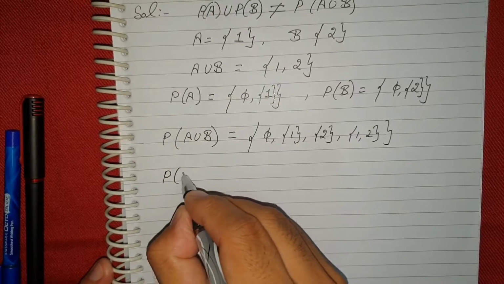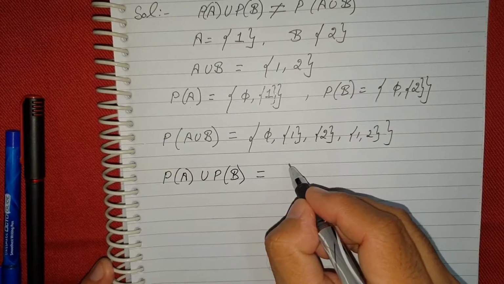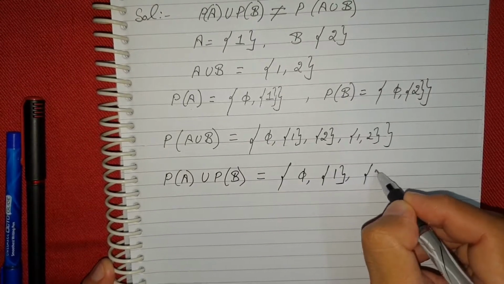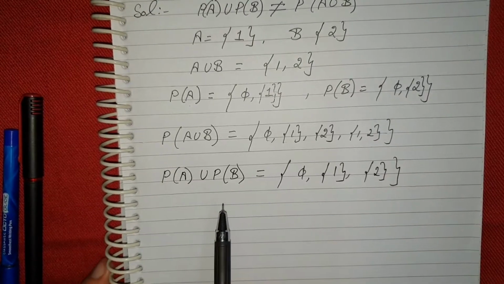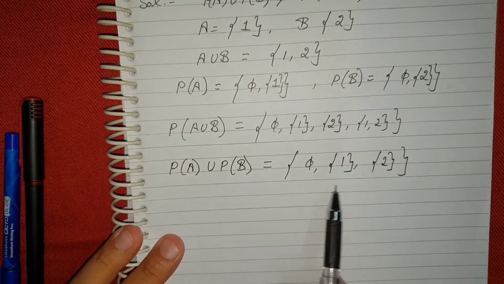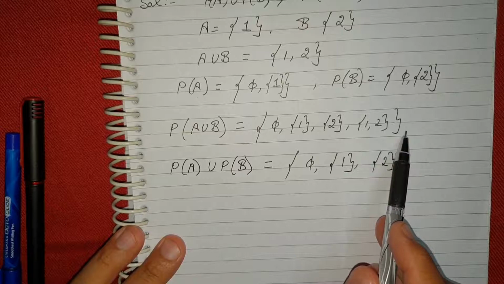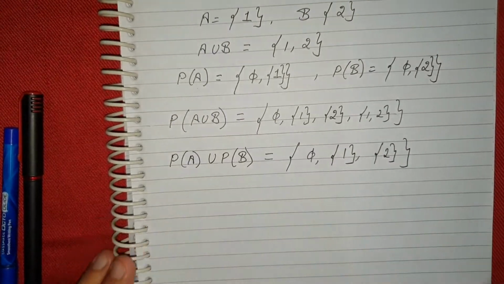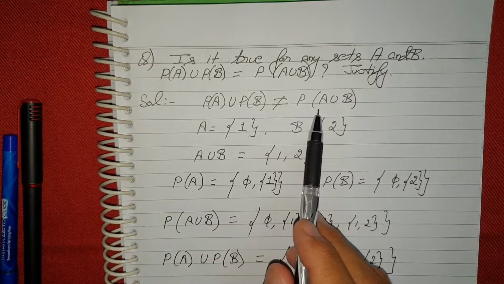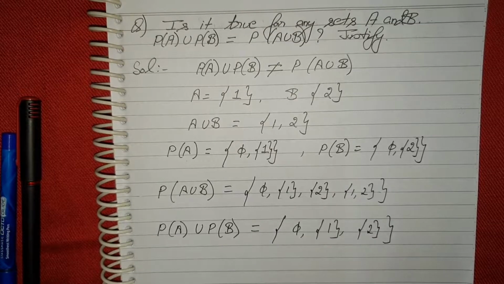PA union PB will be phi, {1} and {2}. As you can see, PA union PB is phi, {1} and {2}, which is clearly not equal to this. Hence, PA union PB is not equal to P of A union B. Proved.